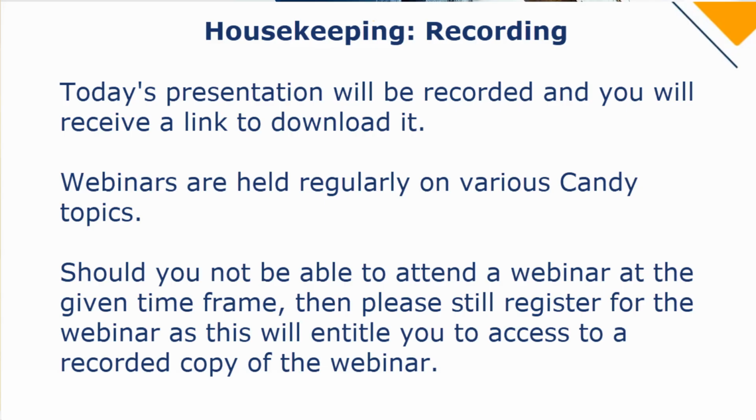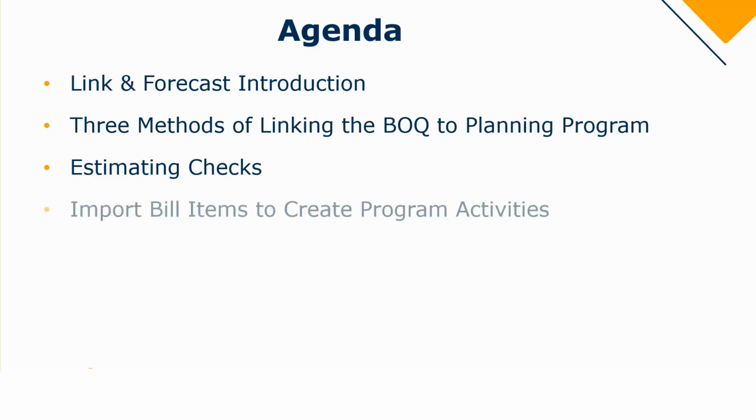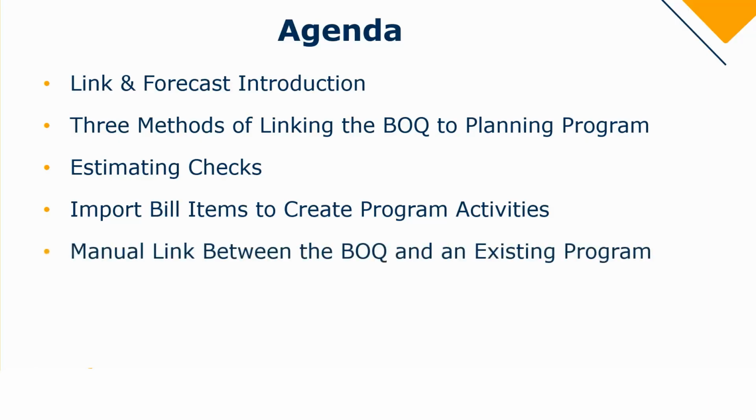Okay, so let's get started. On the agenda today, we have the link and forecast introduction, the 3 methods of linking the bill of quantities to the planning program, estimating checks, how to import bill items to create program activities, the manual link between the bill of quantities and an existing program.